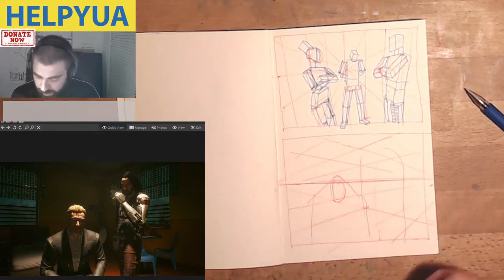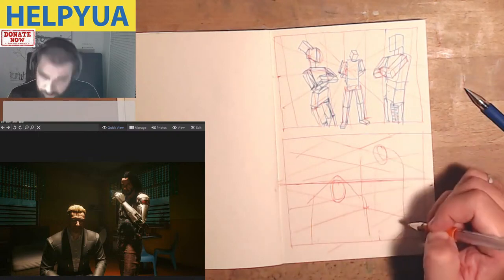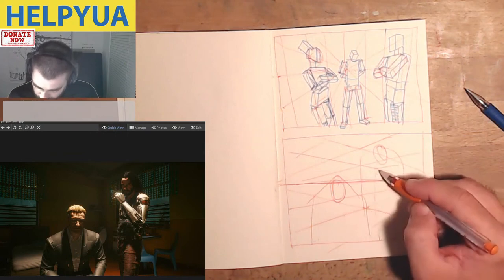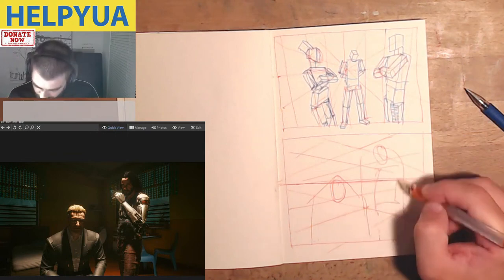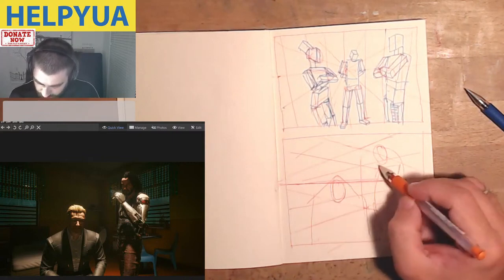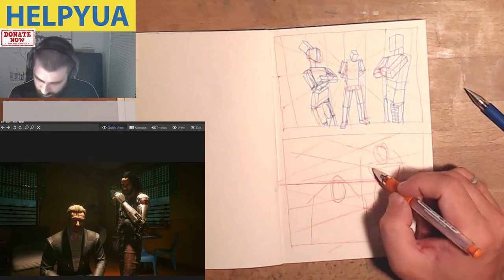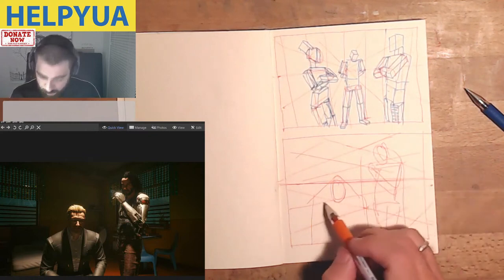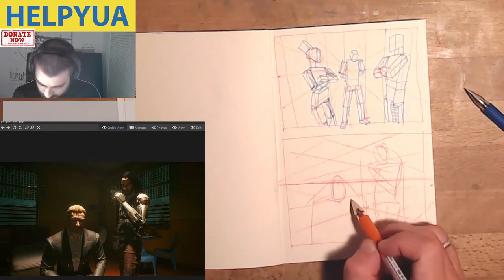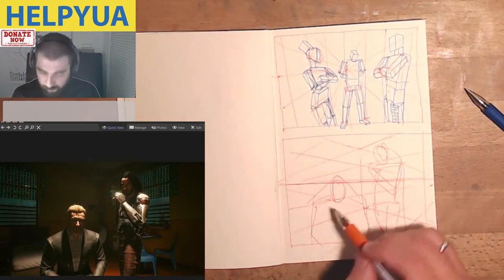It's kind of touching the horizon line, and the silver hand is like this.